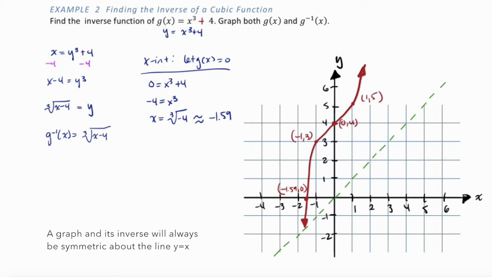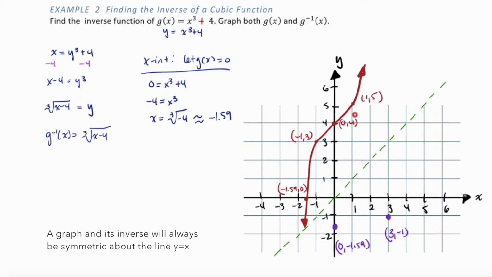So for my inverse function, I have the point 0, negative 1.59. I also have the point 3, negative 1.